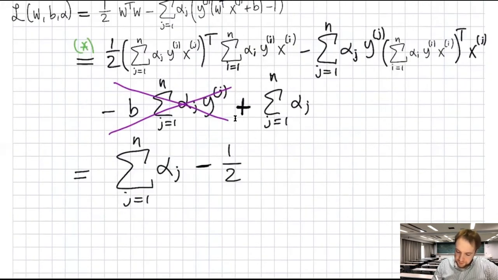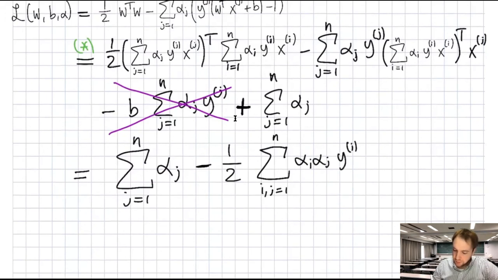But in the end, I have the sum 1/2, i and j go from 1 to n. Then I have the product of these two alphas, and the product of these two y's.